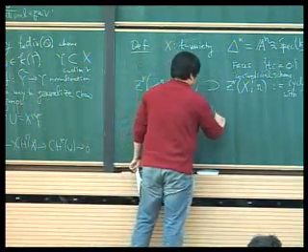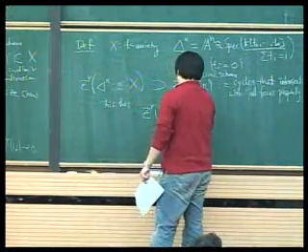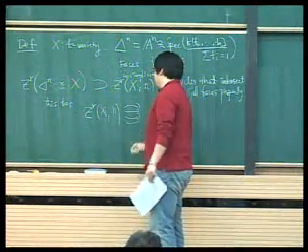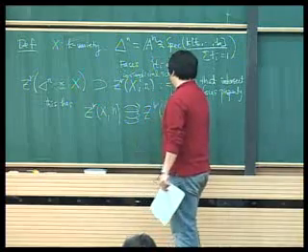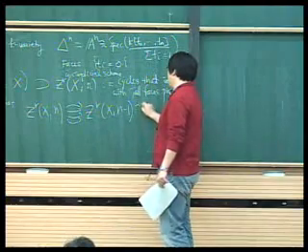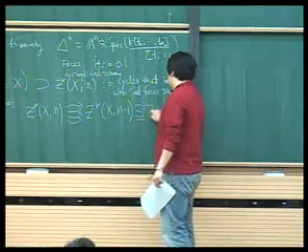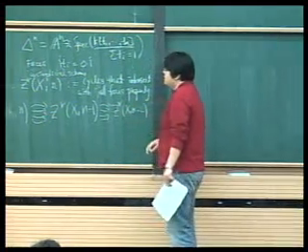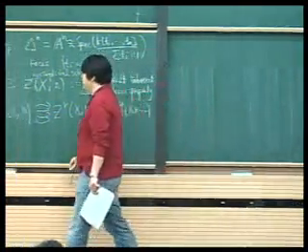So this value has various face maps that go to the n-1 level, and this goes to another like this. So this is going to be a simplicial abelian group.